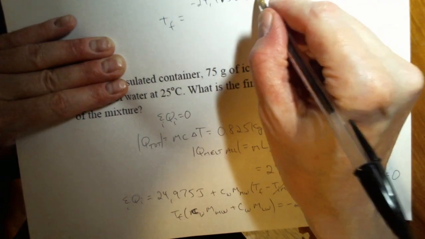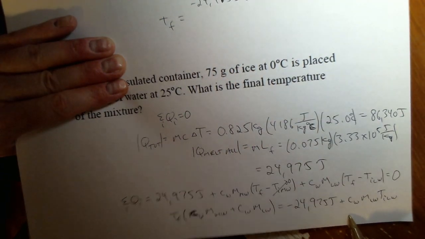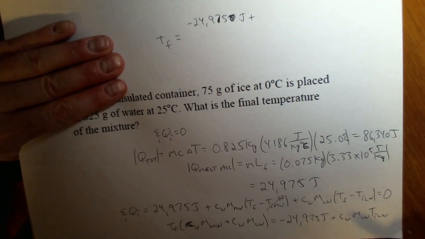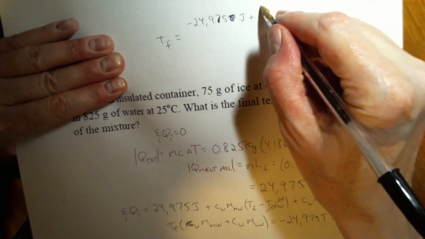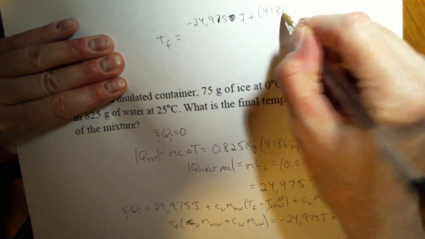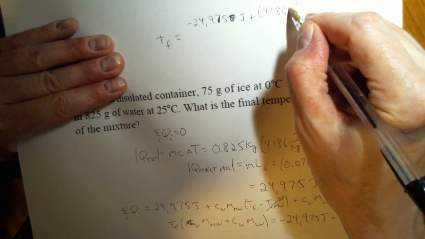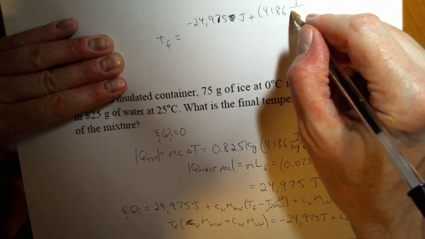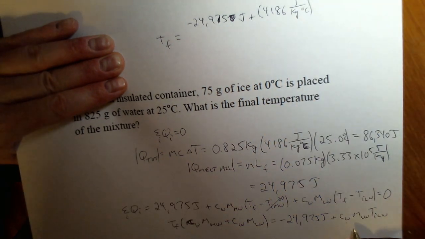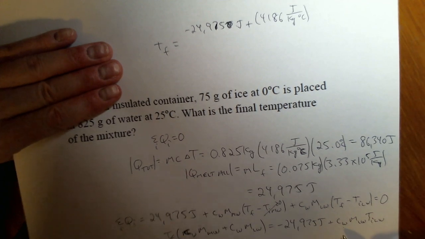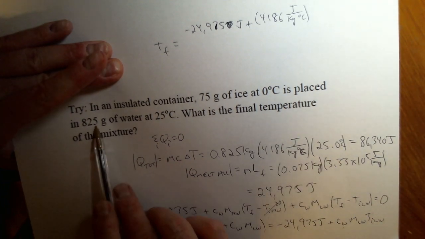plus seawater, whoop, I'm off the screen, plus seawater is the 4186 joules per kilogram degrees centigrade times the mass of what started as liquid water, which was 0.825 kilograms.